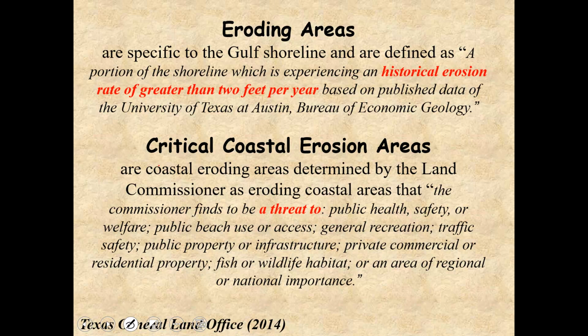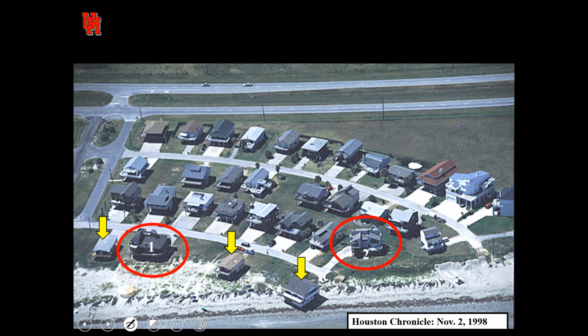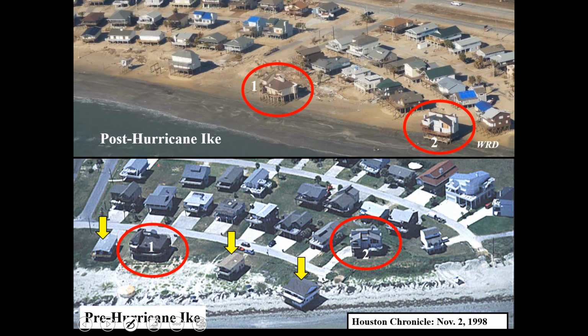But then what? Well, it's up to basically whoever is the municipal agency that controls land use in the local areas. Here's a picture of an area before Hurricane Ike. Let's look at homes 1 and 2 and also those homes with the arrows. Well, the homes with the arrows, well, they're gone.